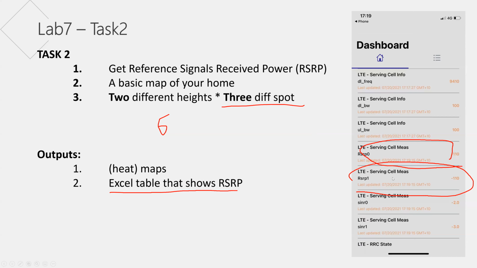What you need to do is select 2 different heights and 3 different spots in your home. So in total it's 6 different values. Maybe they are the same value, it depends. But you need to try 6 different spots in your home. Does this make sense?